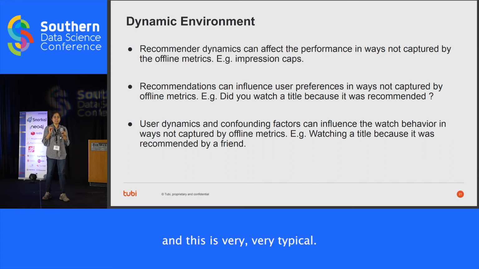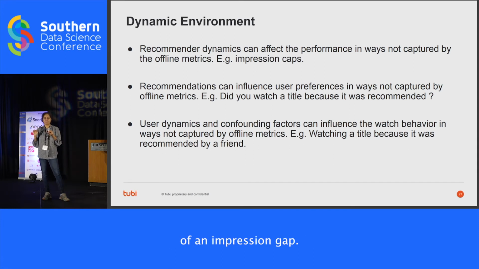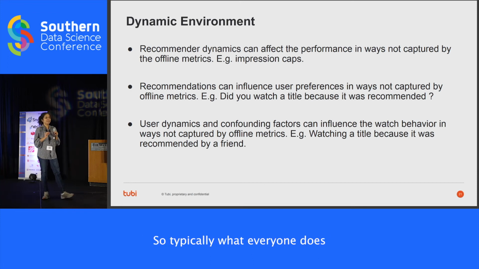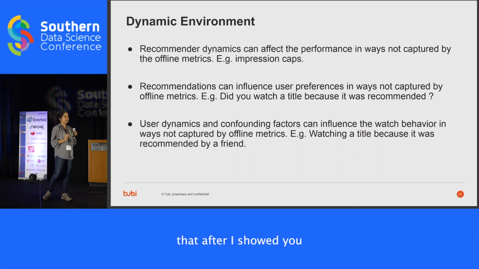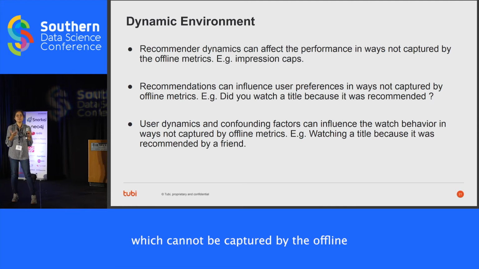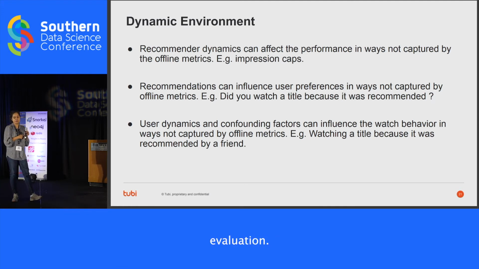For example, and this is very typical, you can have some kind of an impression cap. Let's say if I show you a title again and again, you may not like it. So typically what everyone does is that you have some kind of an impression cap: after I showed you this title 10 times and you did not click on it, I shouldn't show you this title. So there you go. It creates this dynamics which cannot be captured by the offline evaluation.